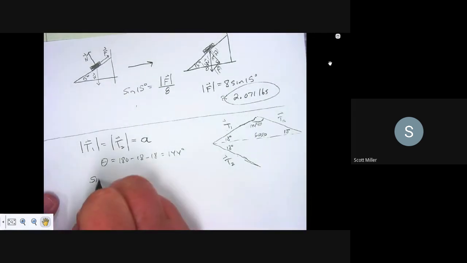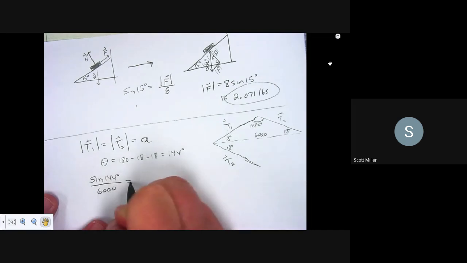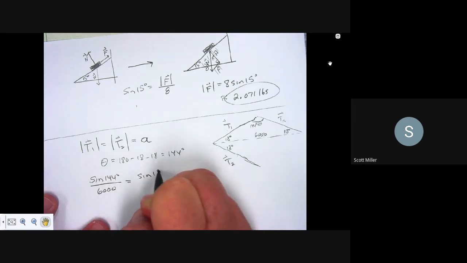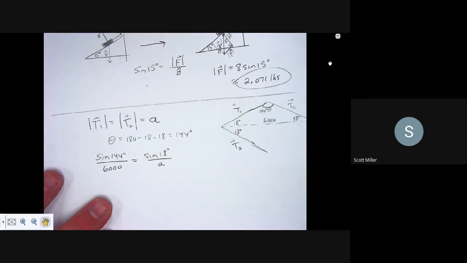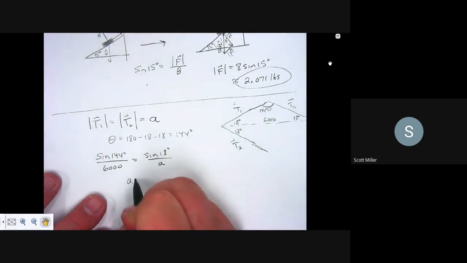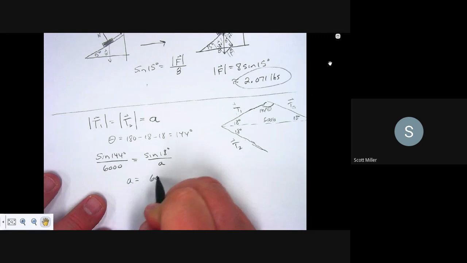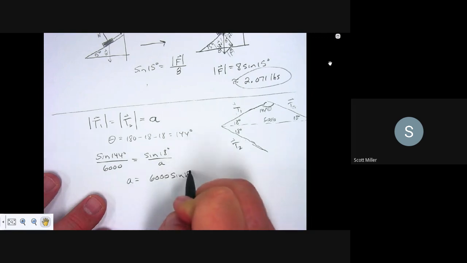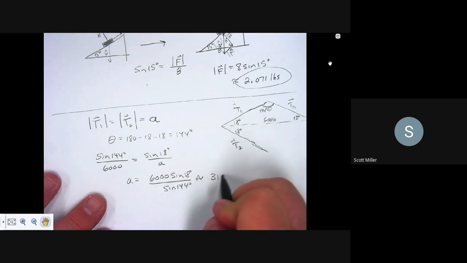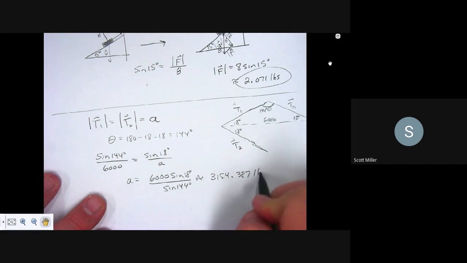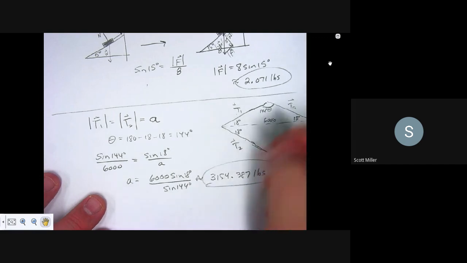So the sine of 144 degrees over 6,000 must be equal to the sine of 18 degrees over A. And so then I can cross multiply and solve for A. A is 6,000 times the sine of 18 degrees over the sine of 144 degrees. And I can use my calculator here and get an approximate value of 3,154.387 pounds. So that is the tension on that rope.